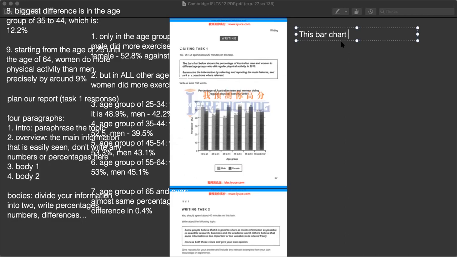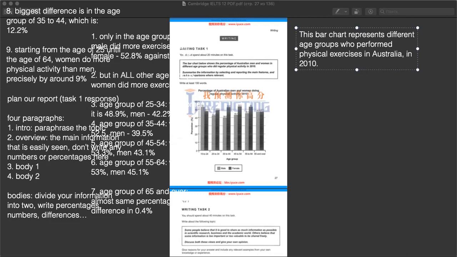It's the type. Yeah? This bar chart represents the percentage of Australian men and women in different age groups who performed physical exercises in Australia in 2010, and what can I say, the information is divided by genders.